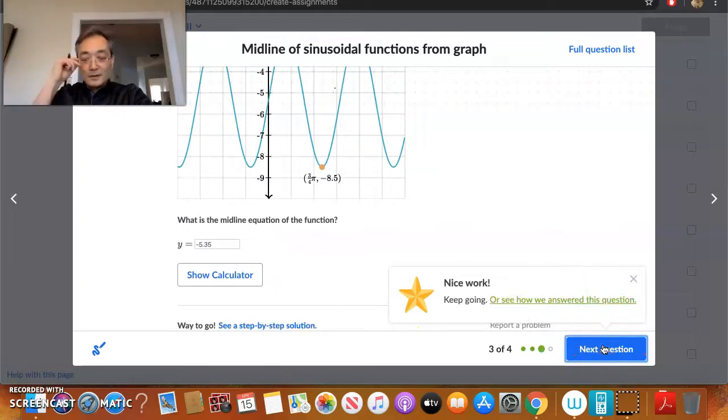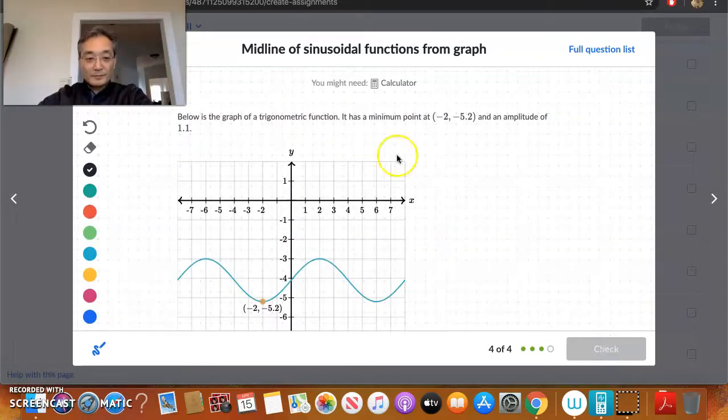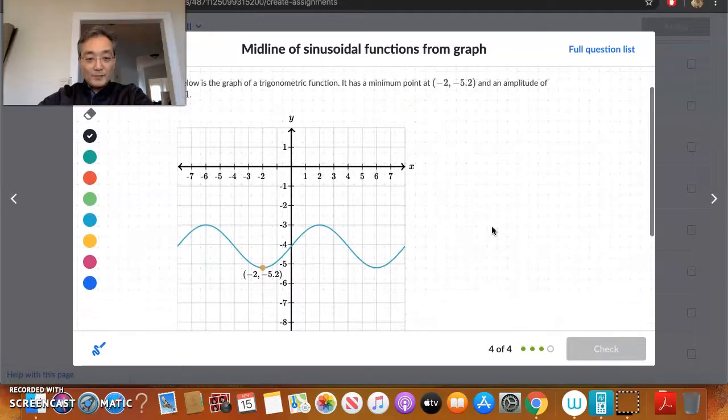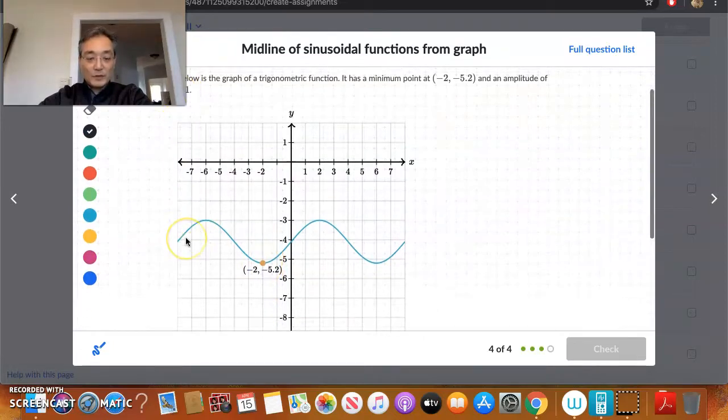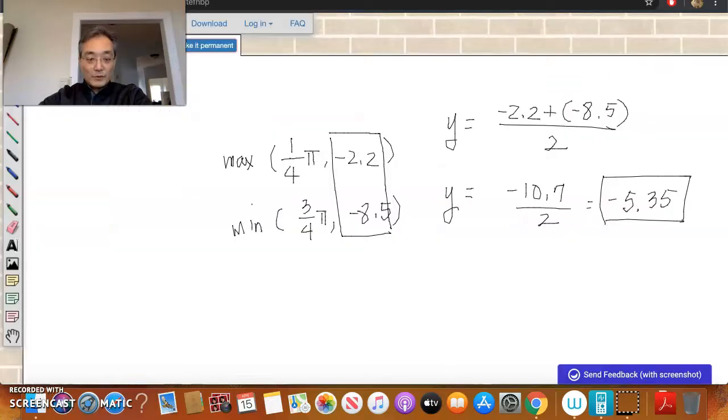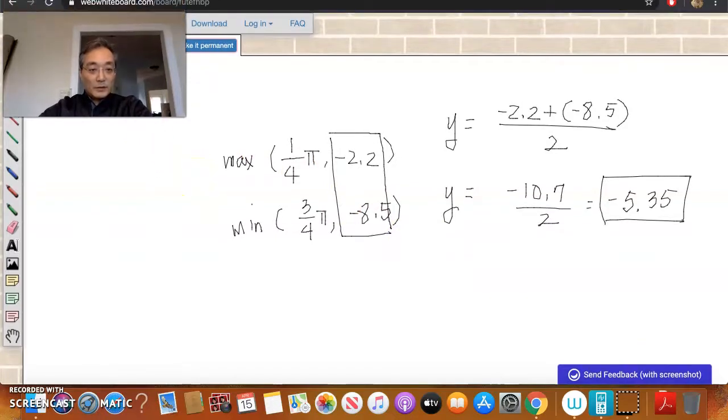Okay? We'll do one more. We have a trig function. We're given a minimum point. And again, they tell us the amplitude is 1.1. Okay? Let's clear the board.